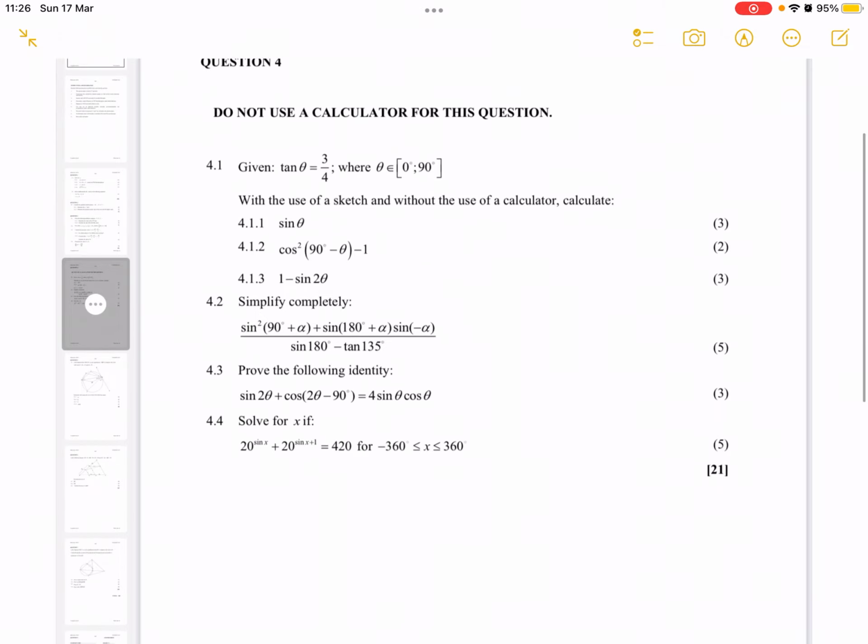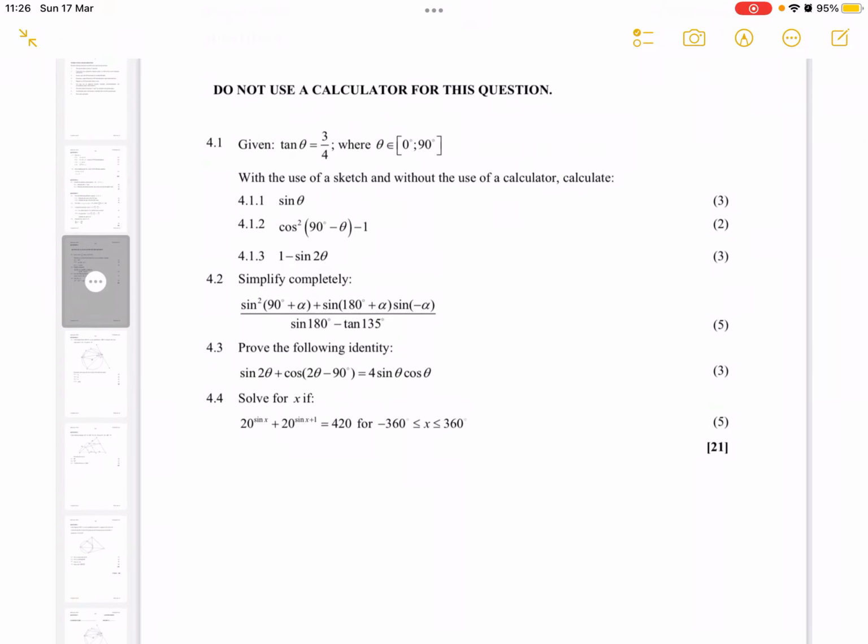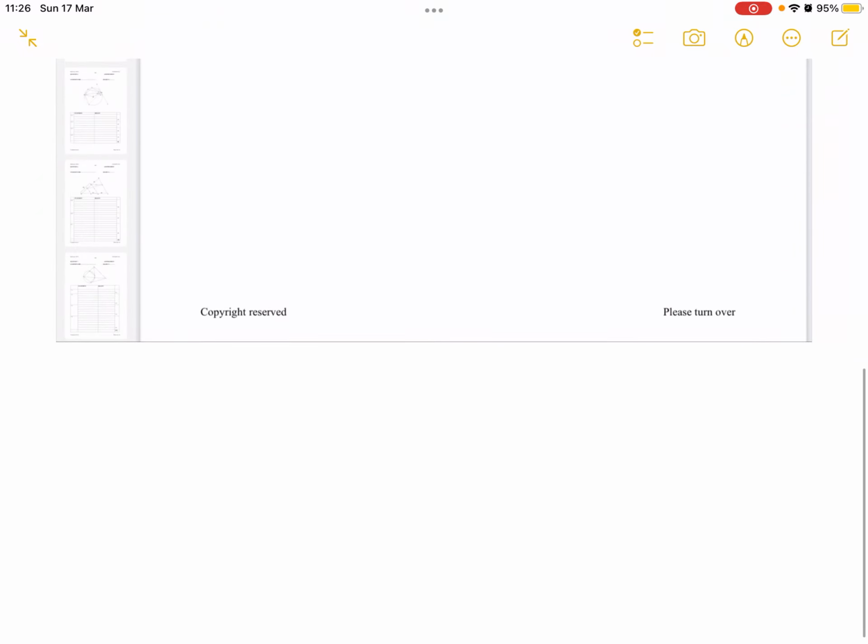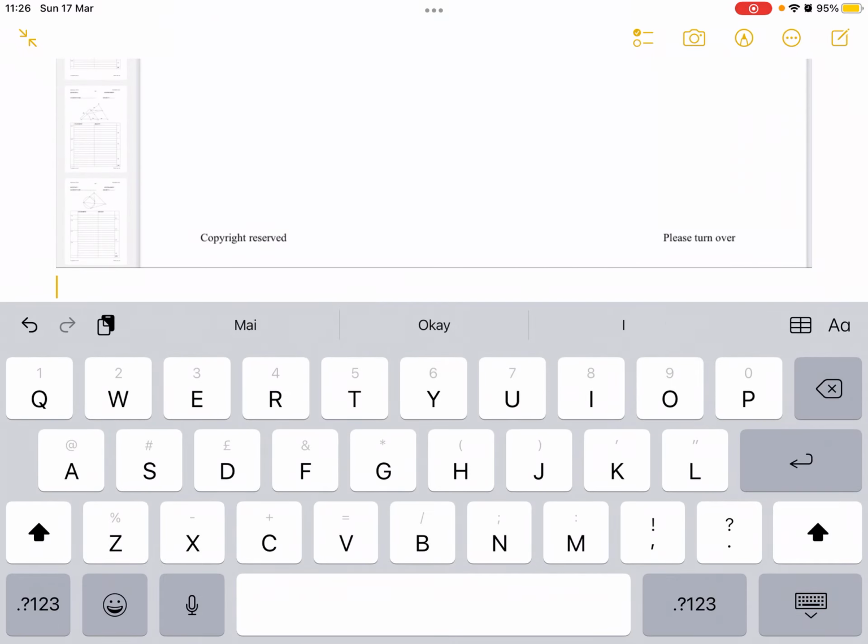Okay, so in 4.1 we're given a trig ratio, tan theta is equal to 3 over 4, where the angle theta is between 0 and 90. Let me just scale it out. Let's add the question here since I've screenshotted.